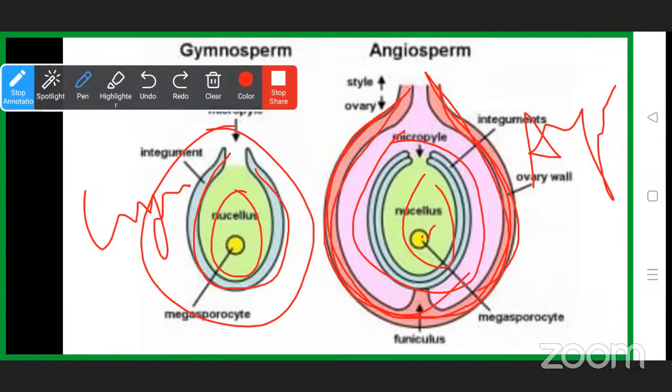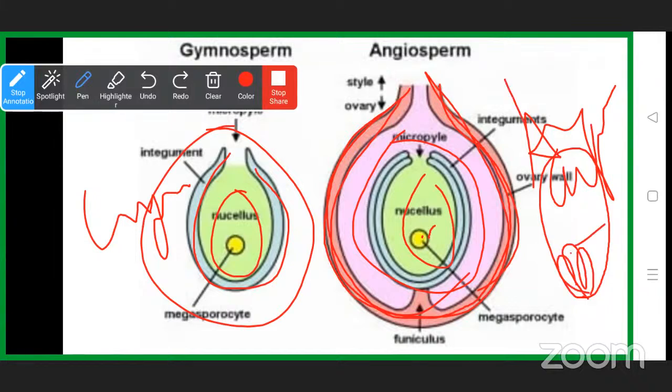This megasporangium will undergo meiotic and mitotic divisions and form the 8 nuclei, 7-cell embryo sac. The normal type of embryo sac is the polygonum type, present in almost all angiosperms, most of them.